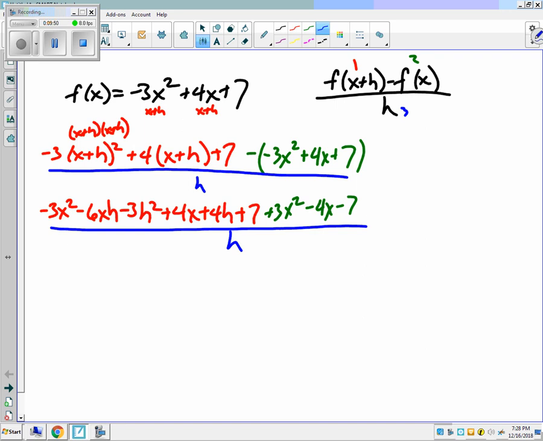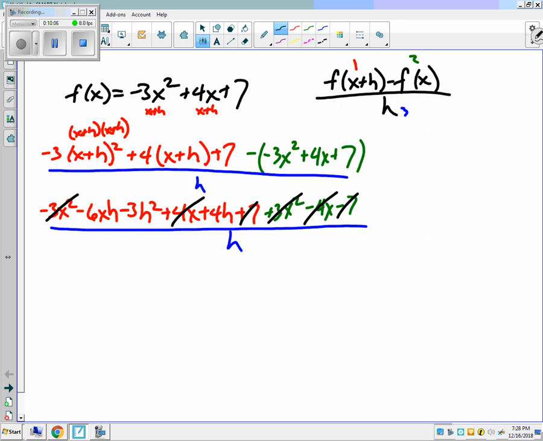Now here's my check step. Everything that does not have an h on top should cancel if I've done all of this algebra work correctly. So that's gone. That's gone. Hopefully this -4x cancels. It does.